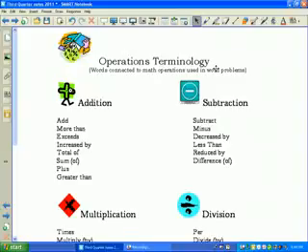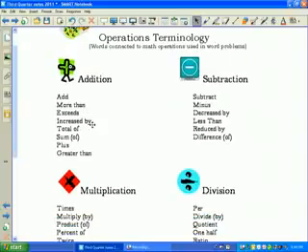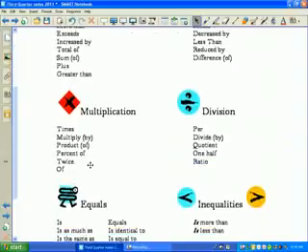When students are picking information from word problems, some of the words will indicate what operation you need to use. For addition, if you see more than, increase by, or total of, that means you're adding. If you see minus, decrease by, less than, or the difference of, that means subtraction.